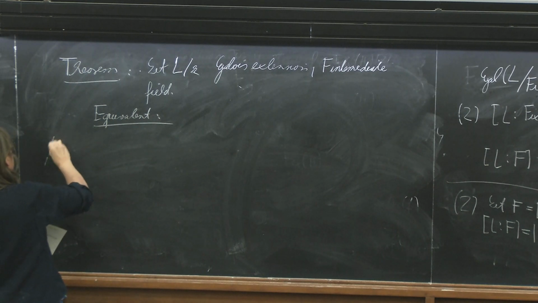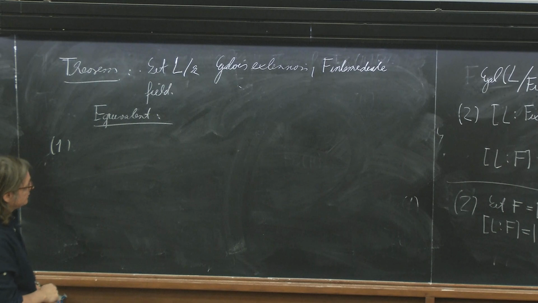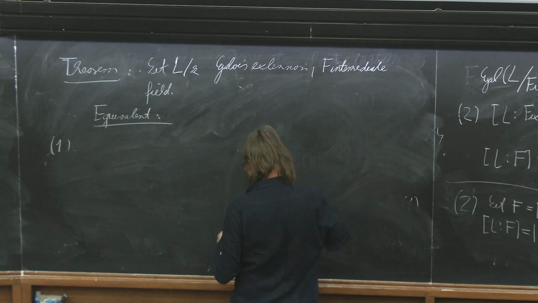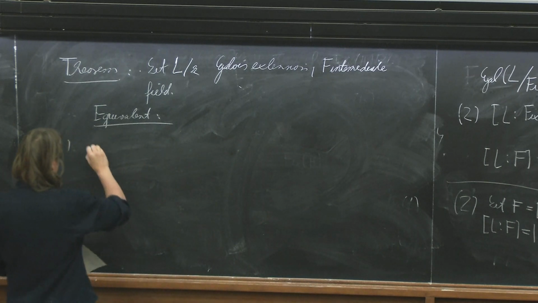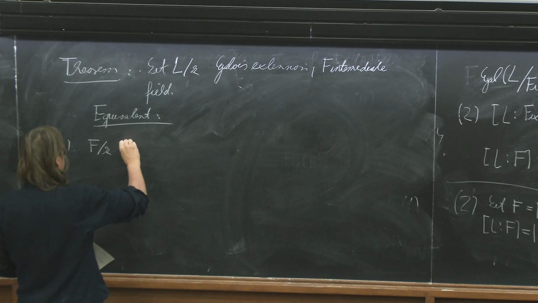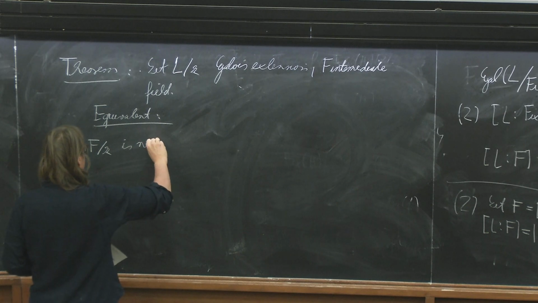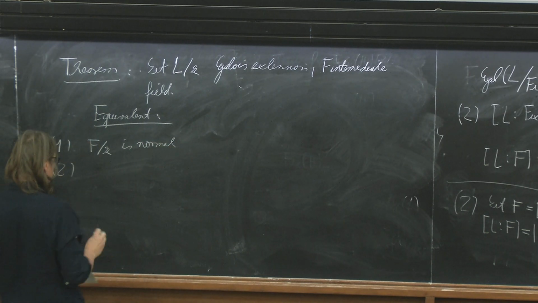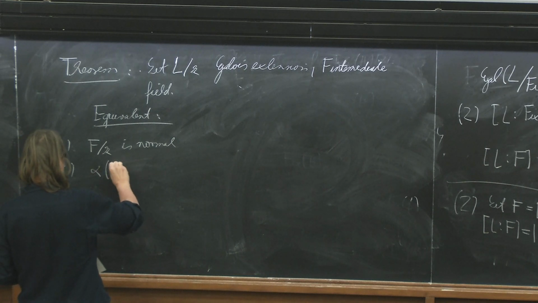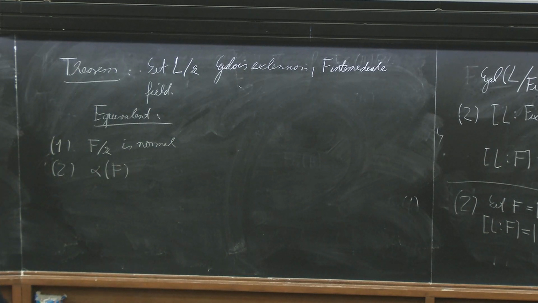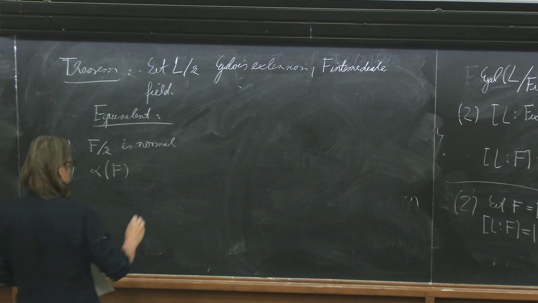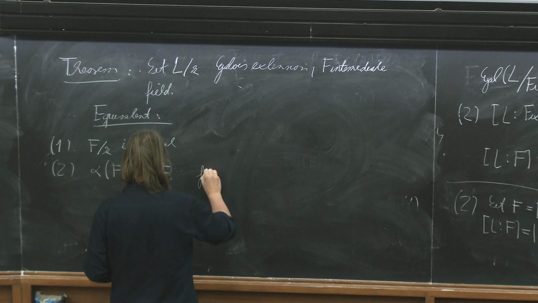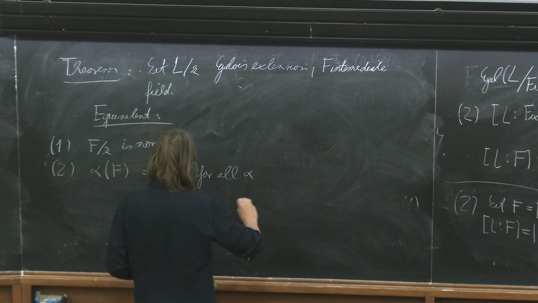First, F is normal over the ground field. Second, if I apply alpha to F, then this is equal to F for all alpha in the whole Galois group.